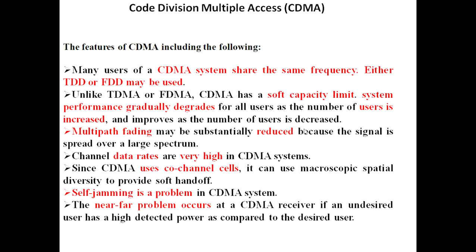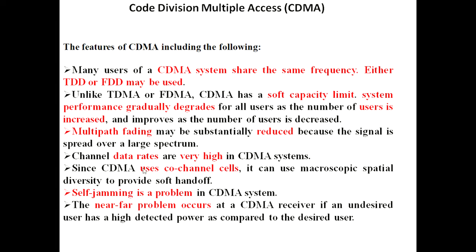Multipath fading may be substantially reduced because the signal is spread over a large spectrum. Compared to FDMA and TDMA, we can have high data rate transmission at very high speed in CDMA. From the middle of 2G and in 3G, we have used CDMA technology.